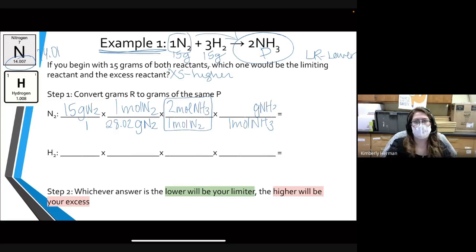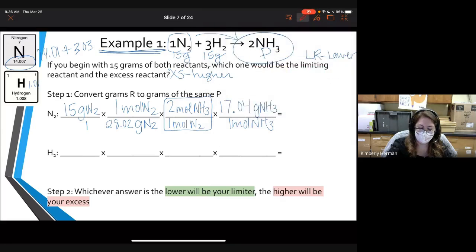Now, the great thing about these limiting and excess problems is your last step will be identical for both reactants, because remember, we're going to the same product. So if I add up 1 N, that's 14.01, and hydrogen is 1.01, and 3 of those would be 3.03, we'll see we get 17.04 for our last part.